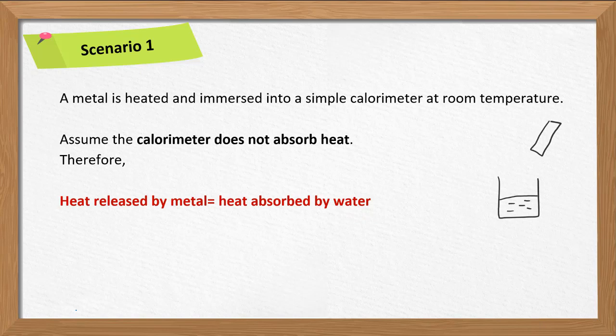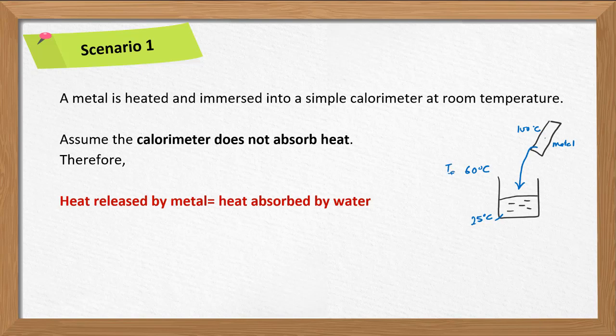If you look at this diagram, let's say this is my metal, and I heat it until 100 degrees Celsius. And this is my water at room temperature, say 25 degrees Celsius. When I put this metal into my 25 degrees Celsius water, say the final temperature reaches 60. This will be your final temperature.